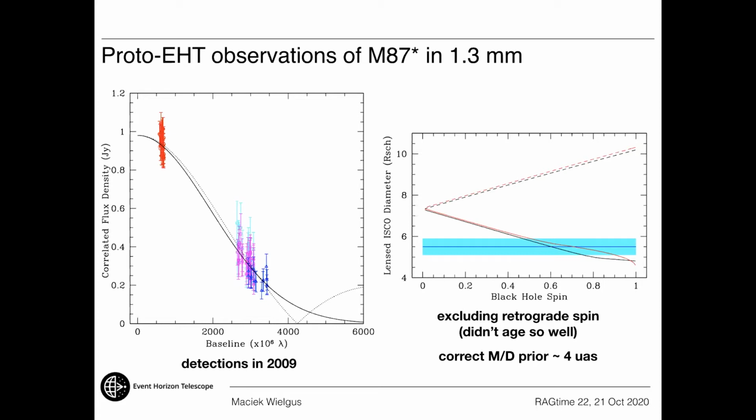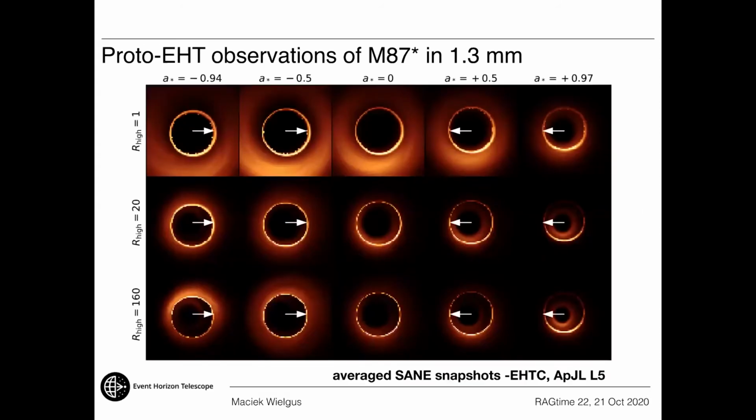That didn't age so well, because we now know that this size is not really sensitive to the ISCO size. It's more sensitive to the size of the lensed photon orbit. And this is also being disputed.